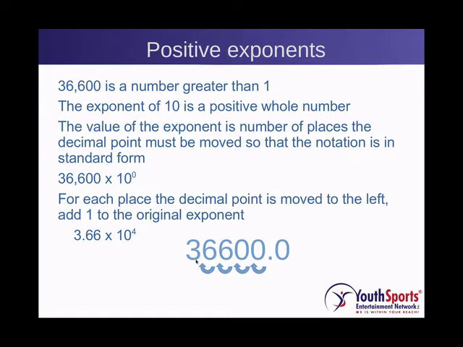So we'll have 3 followed by 6600. If we move to get that, we have to move the decimal point 4 positions to the left. This 4 position movement gives you the exponent that will be the power of 10. So 36,600 times 10 to the 0 is the same as 3.66 times 10 to the 4.